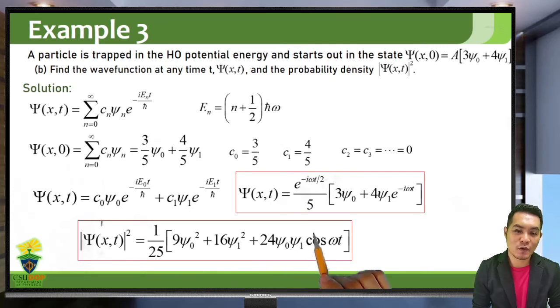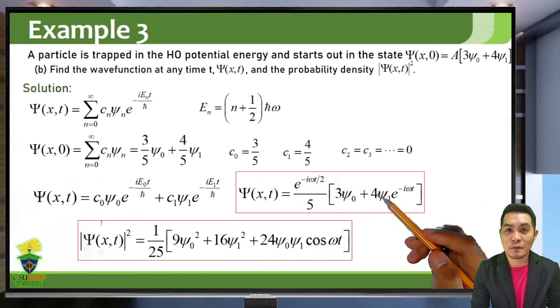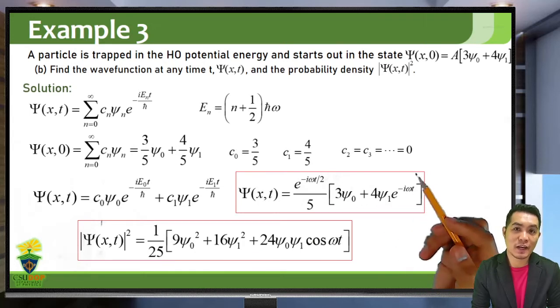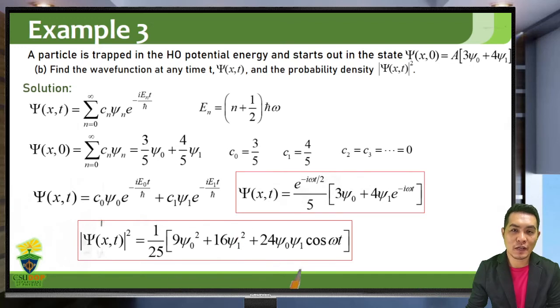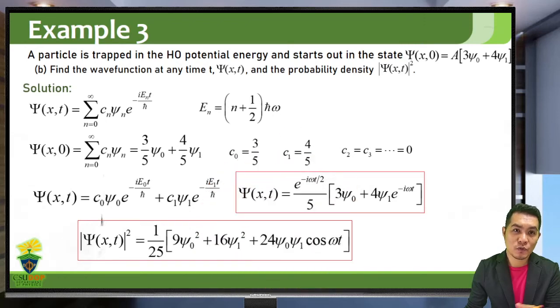Again, the cosine term is due to the addition of e to the i omega t and e to the negative i omega t, as we have encountered before. So this is the probability density. It is dependent on time, and it is oscillating at an angular frequency of omega, similar to the frequency of oscillation of a particle in a harmonic oscillator potential.